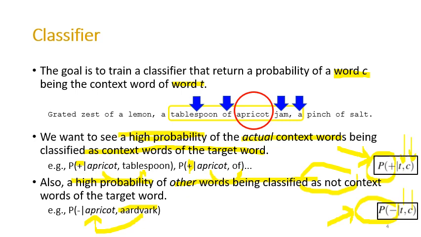When you have words that are actually context and target words in the sentences that you have seen, you want the model to return a high probability saying yes, that is the context word of that target word. But if you've never seen that pair of words before, like aardvark being the context of apricot, you want the model to return a high probability saying no, aardvark is not likely to become the context word of the word apricot.